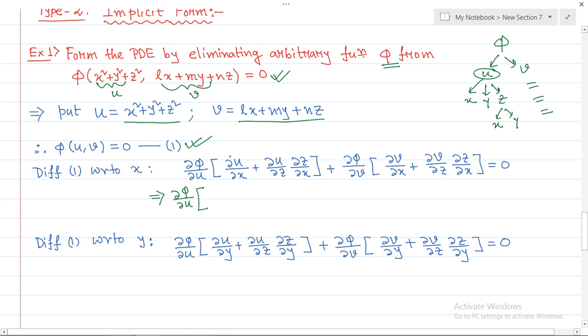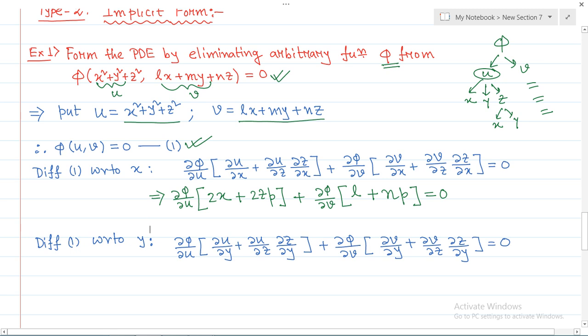So del u del x is going to be 2x plus del u del z, which is 2z, and del z del x is symbolized by p, plus del phi del v times: differentiating v partially with respect to x, we have l here, plus del v del z, which is n here, and del z del x equals p. This is equals to 0.